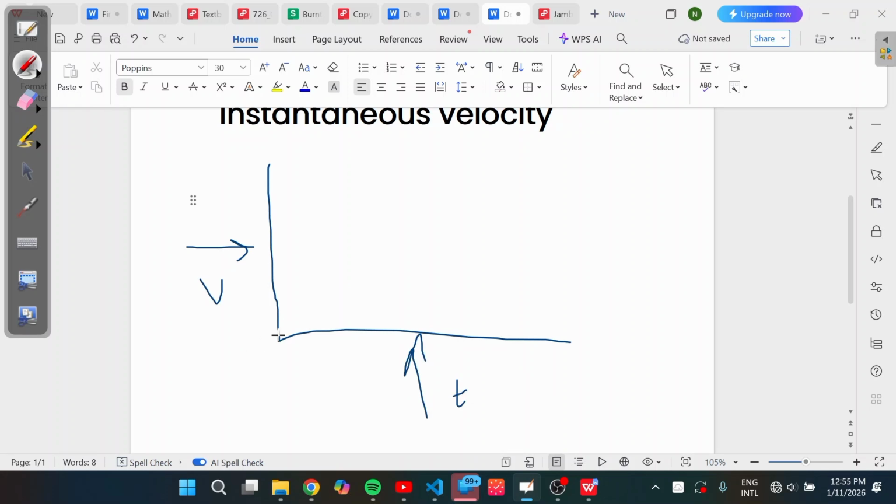So you can have something like this. It's supposed to be a dash time, sorry. So the gradient of this would be acceleration. You know, acceleration is change in velocity all over the time.